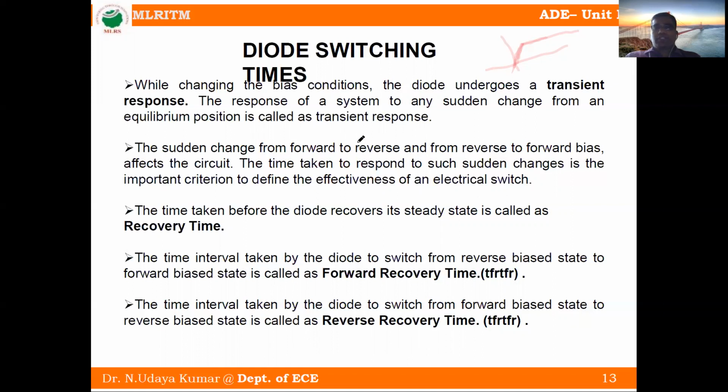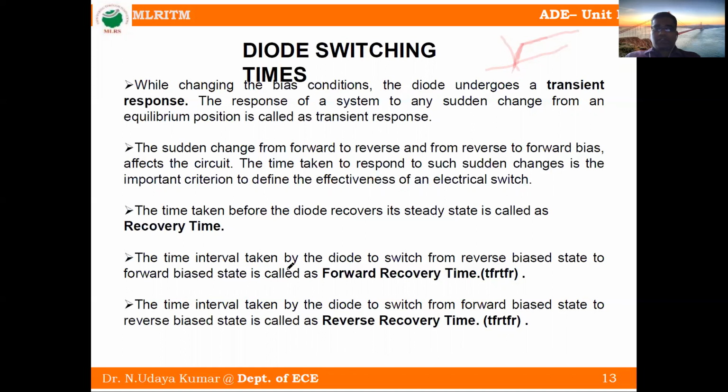So we consider forward bias to reverse bias and reverse bias to forward bias. The circuit may be affected in the on and off condition. The time taken before the diode recovers its steady state is called recovery time.